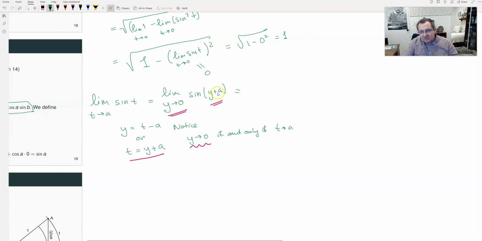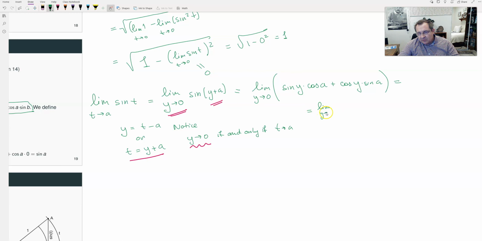So now it's time to use the trigonometric identity. I'll have limit as y approaches 0 of sine of y times cosine of a plus cosine of y times sine of a. We can use limit laws to distribute limit on each of the term, obtaining the following.